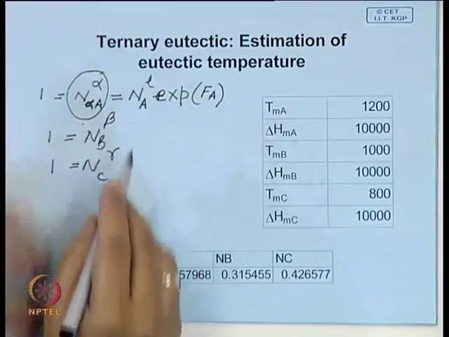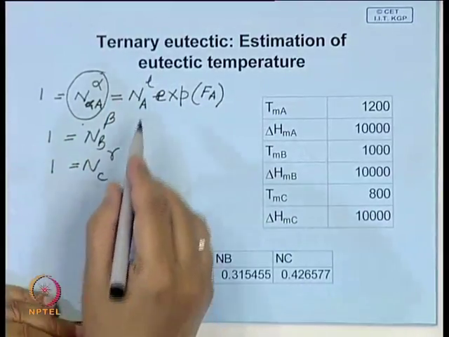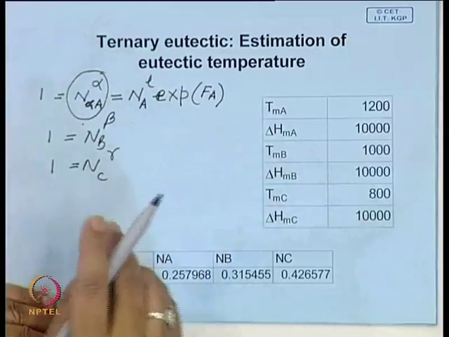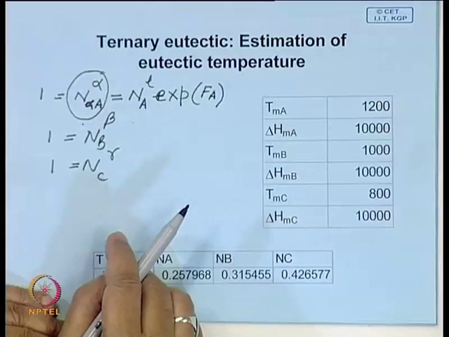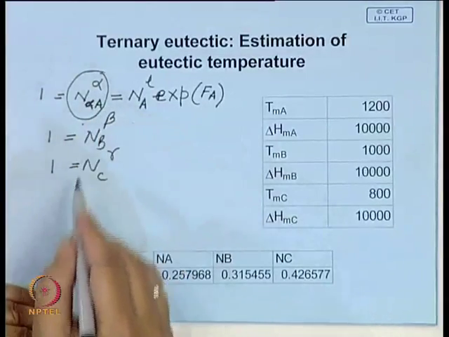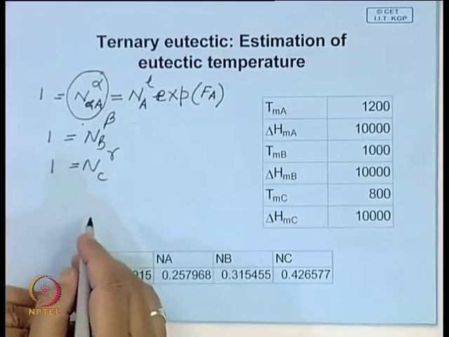So what we are assuming is that in the liquid state A, B, C form an ideal solution, whereas in the solid state they are totally insoluble in each other.